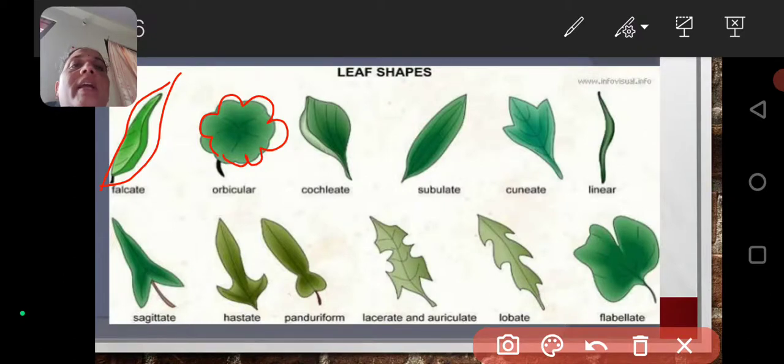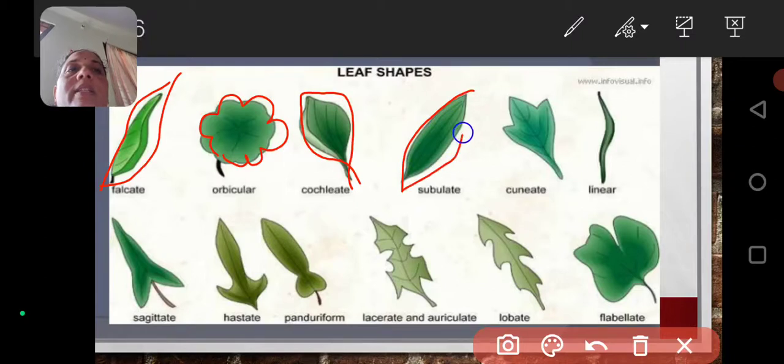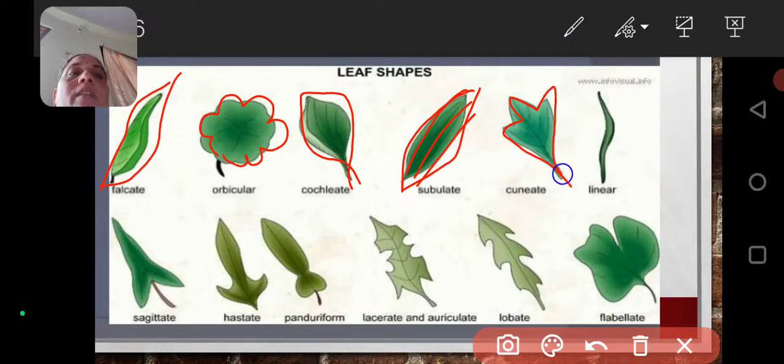Okay, next, cochleate. The leaf is like this. Next, subulate. The subulate leaves are like this. Next, cuneate. The cuneate leaf is having 3 edges or 3 tips.